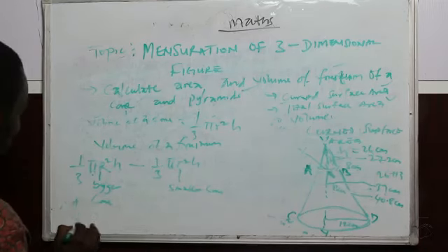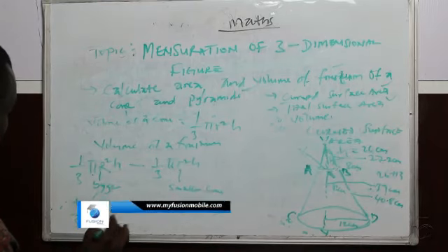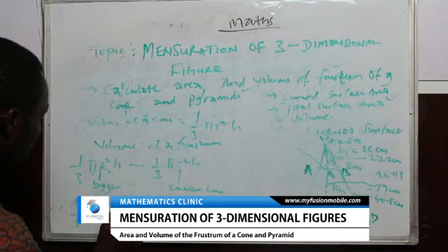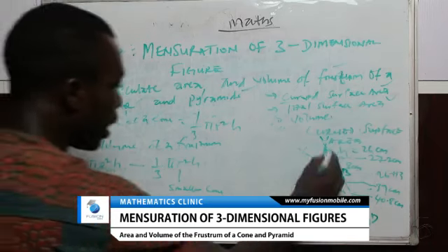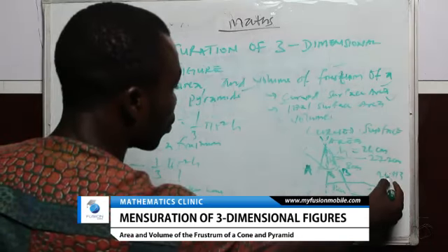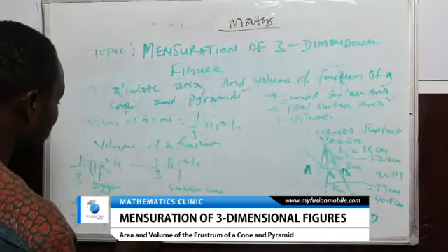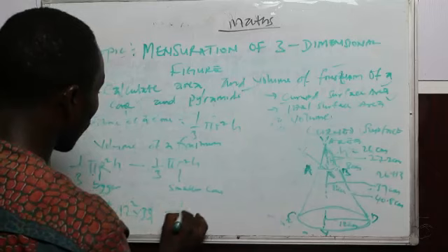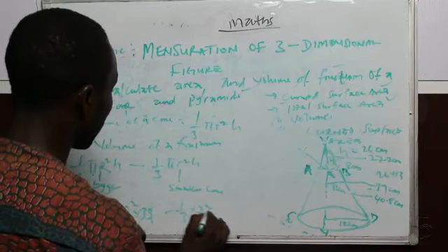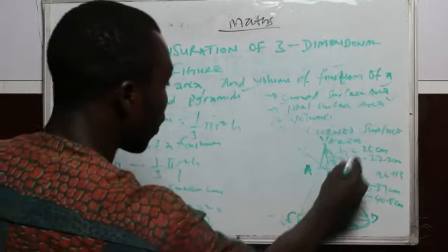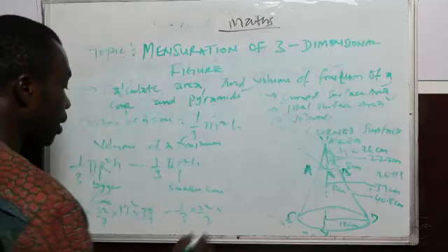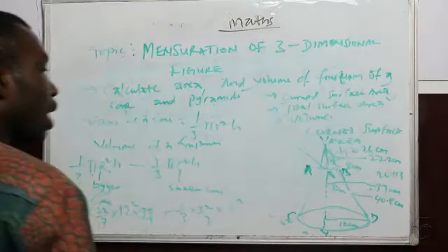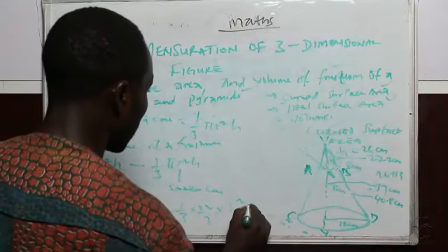Therefore, 1/3 times 22/7 times what is this one's bigger cone, which is 12 square, times h. That is 26 plus 13, which is 39, minus 1/3 times 22/7 times what is our radius? Our radius is 8 square. And what is our h? Our h is 26.